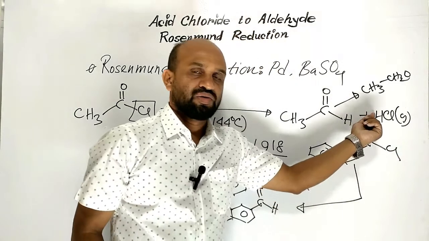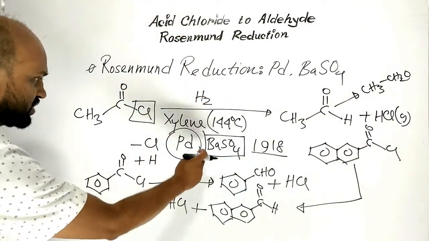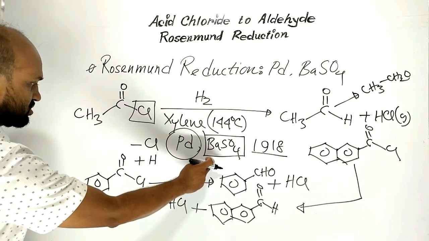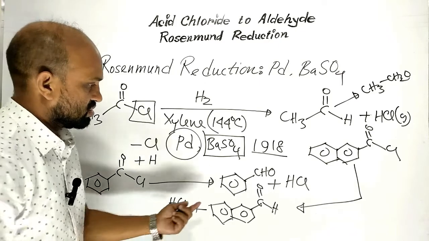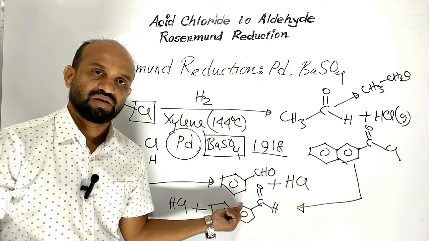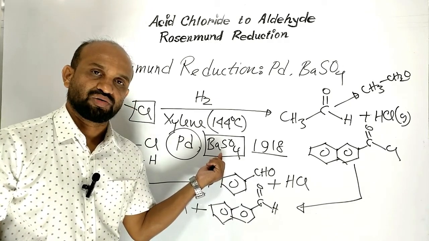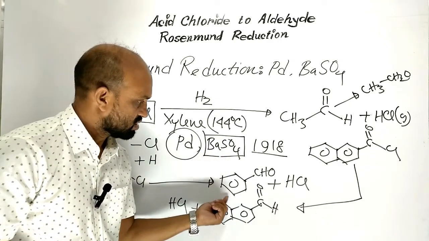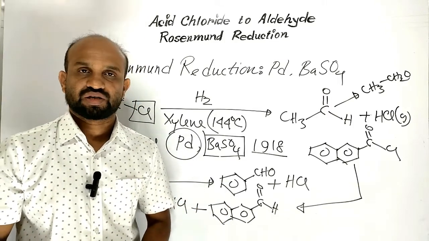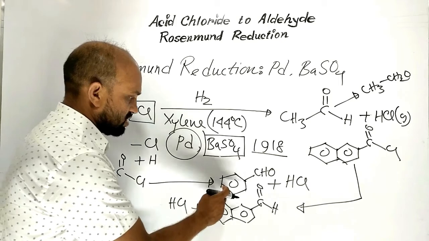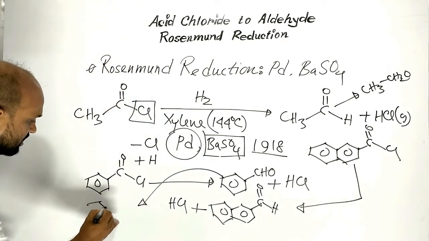That is, further reduction will occur if barium sulfate is not used. Similarly, benzoyl chloride, which is converted to benzaldehyde, if barium sulfate catalyst poison is not used, then benzaldehyde will undergo further reduction and convert to benzyl alcohol.